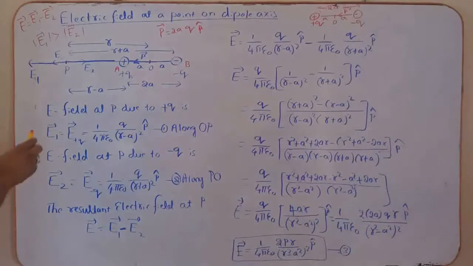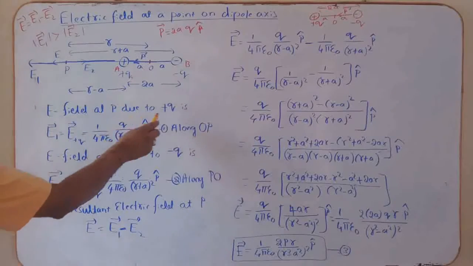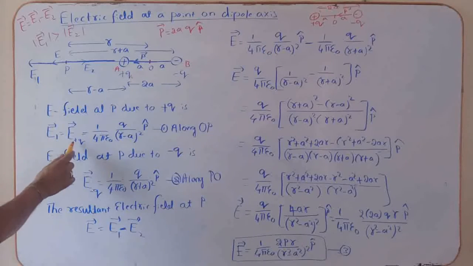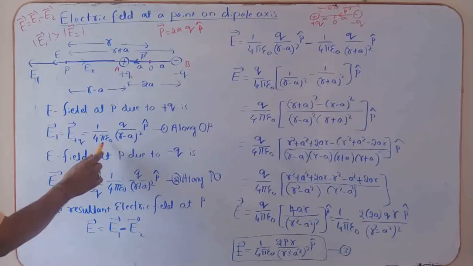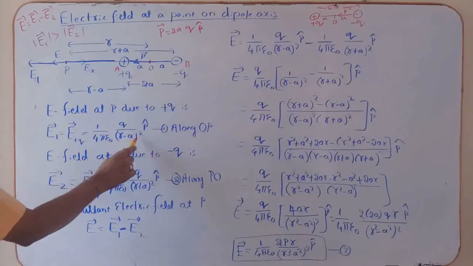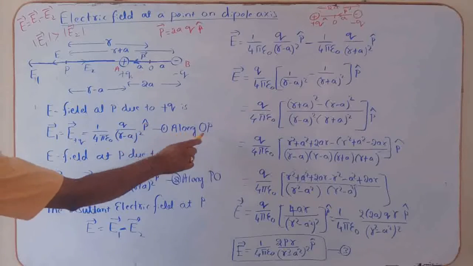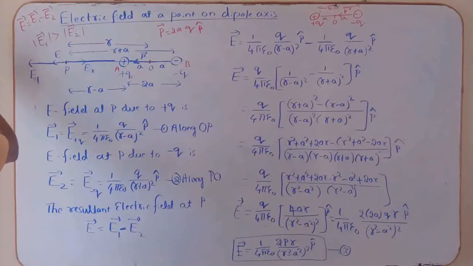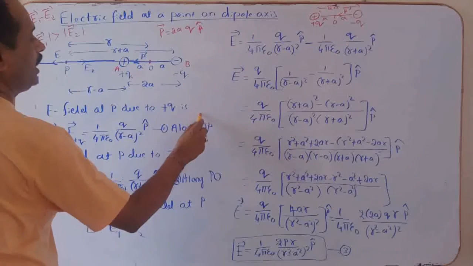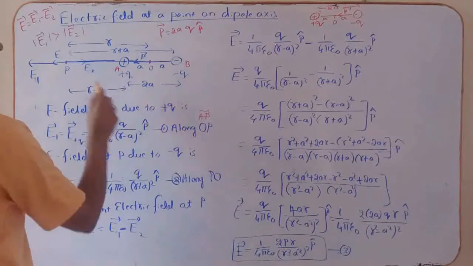Now see here, the electric field at P due to charge plus q is E1, equal to 1 by 4 pi epsilon naught, q divided by (r minus a) whole square, P cap, along AP.